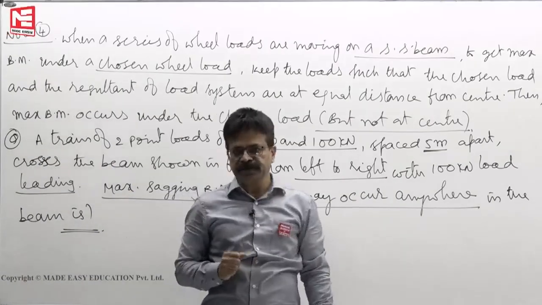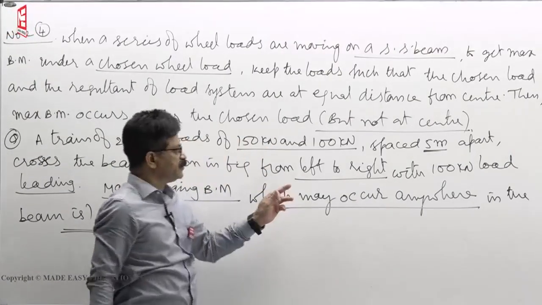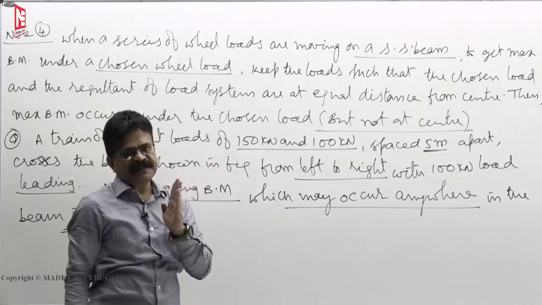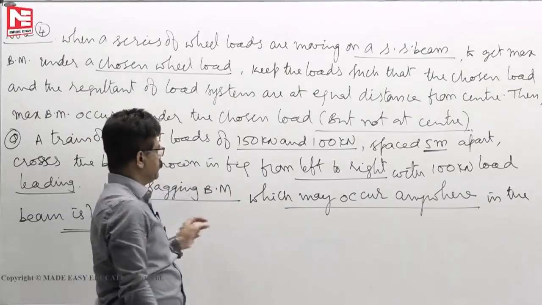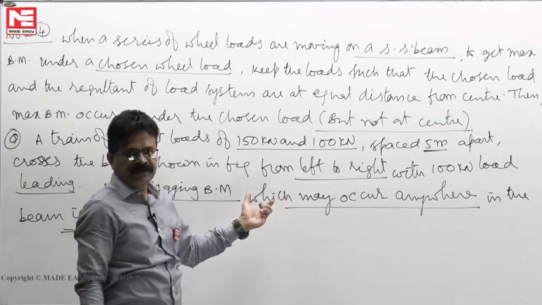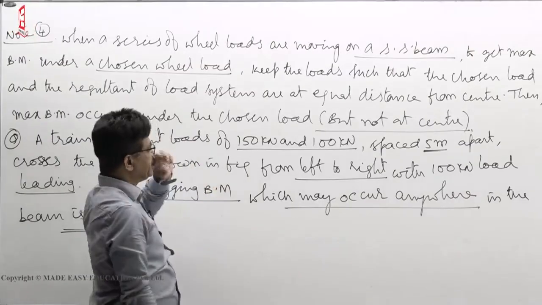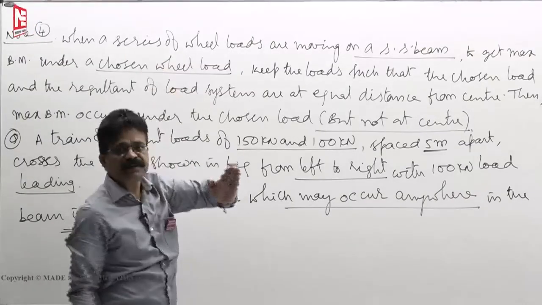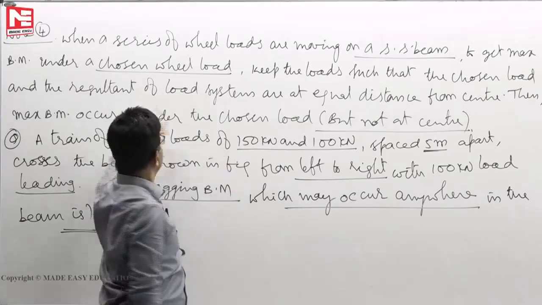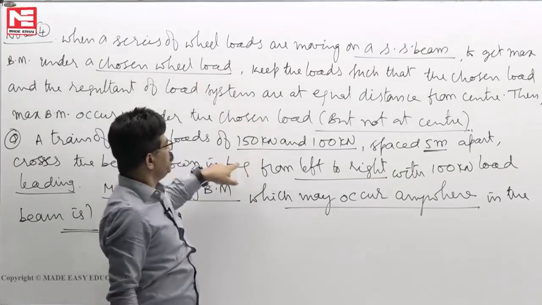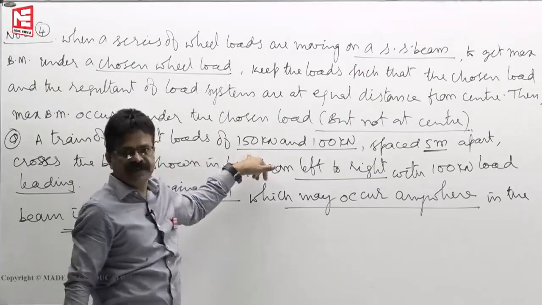The point that you have to remember is, he didn't give you the section where you want to get maximum bending moment. That means you have to select section near center. In such cases, the resultant of load system and the chosen load. Chosen load, in this case, he gives you 150.